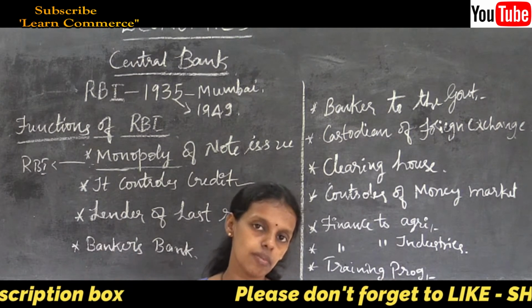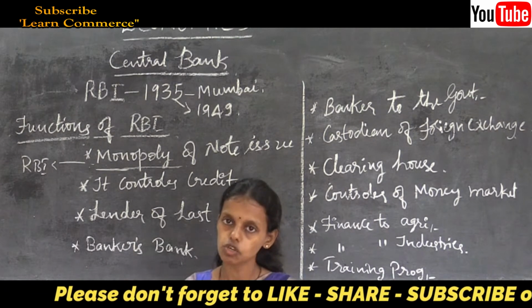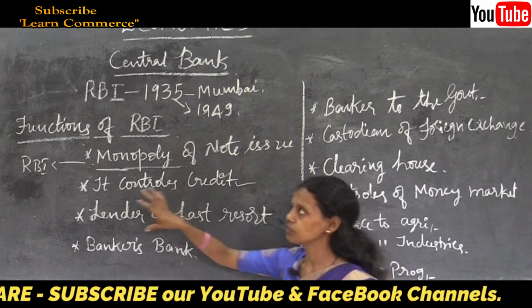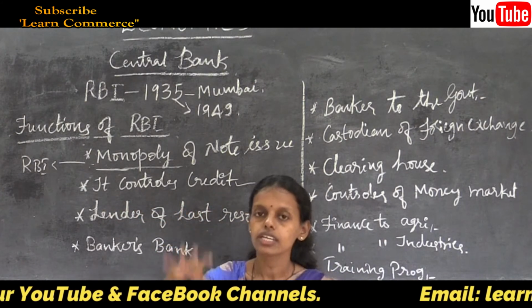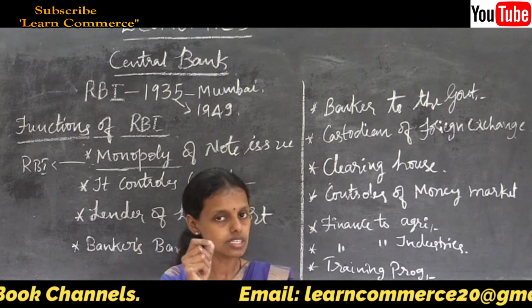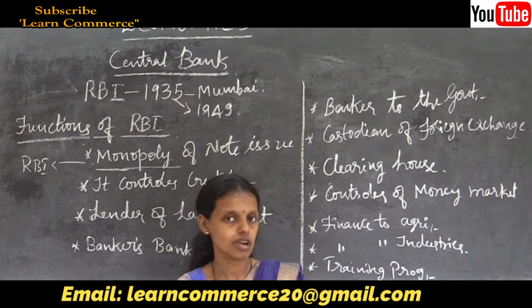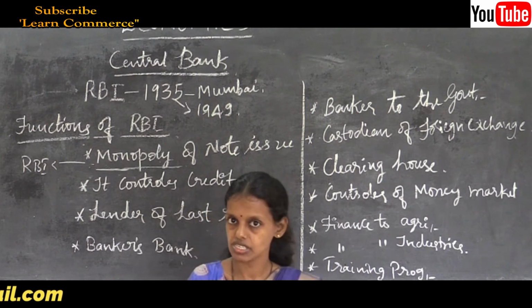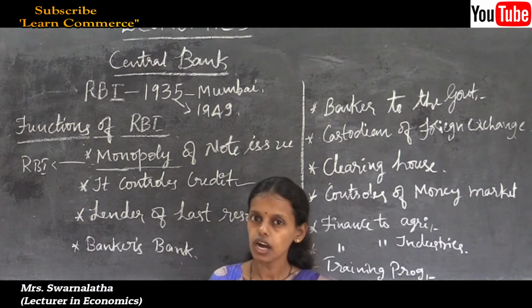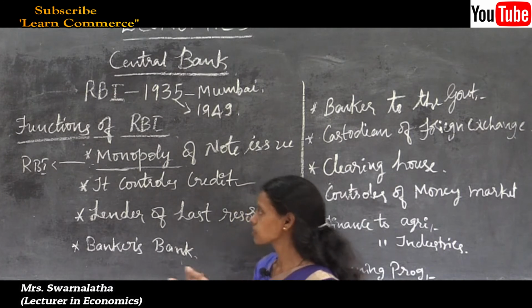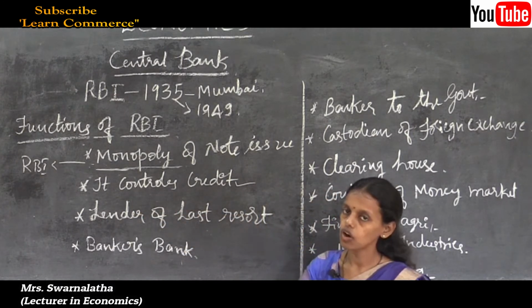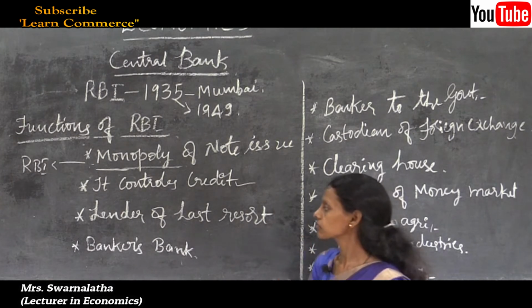All the commercial banks depend upon the Reserve Bank of India for their funds. All commercial banks keep some reserves, in the form of a reserve ratio, with the central bank for future purposes or to meet emergencies or unwanted situations. So, it controls all kinds of credit in all other banks.